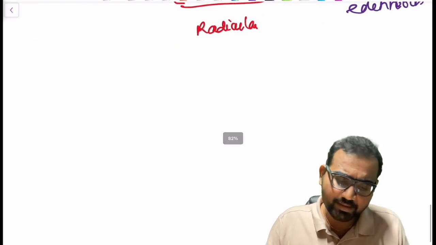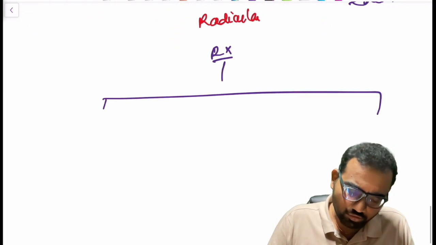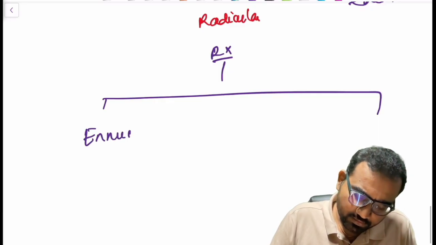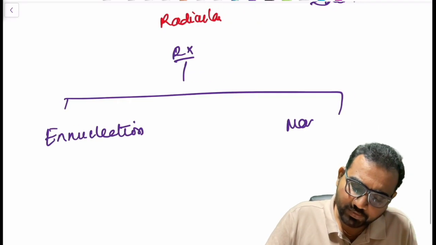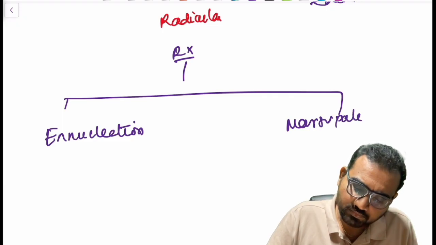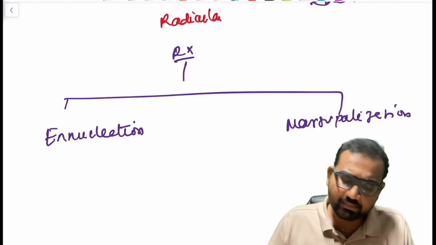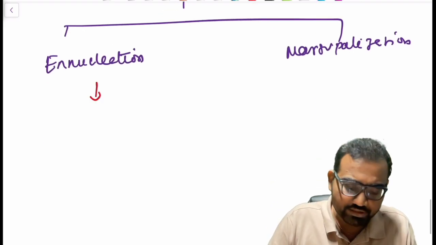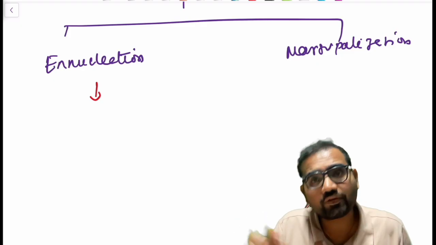Now the very important is the treatment part. For treatment, I can go for enucleation and marsupialization. So what do you mean by enucleation? Enucleation is I am removing the cyst along with its fibrous capsule.